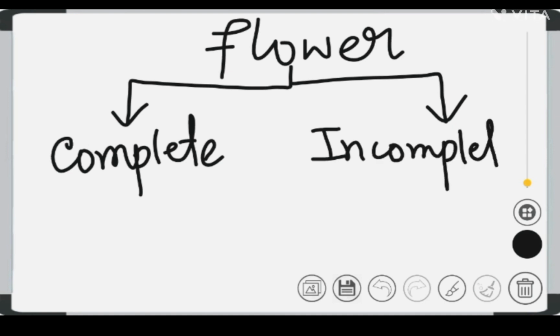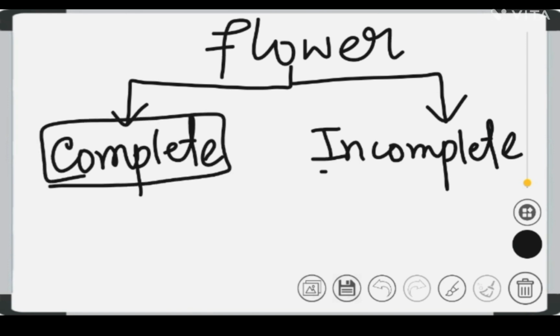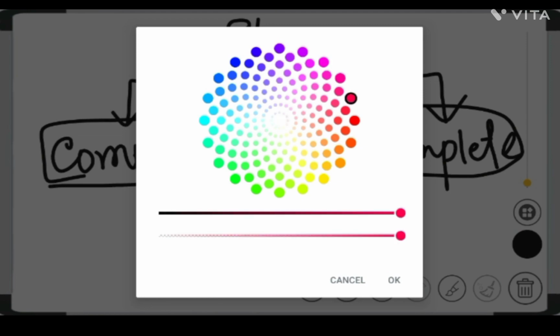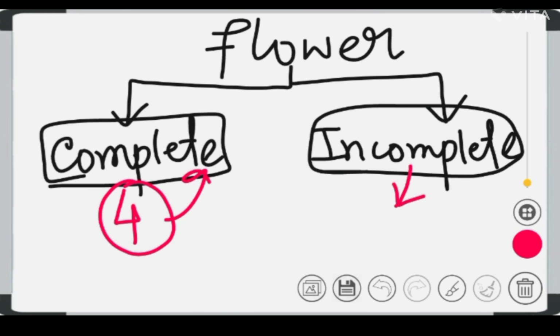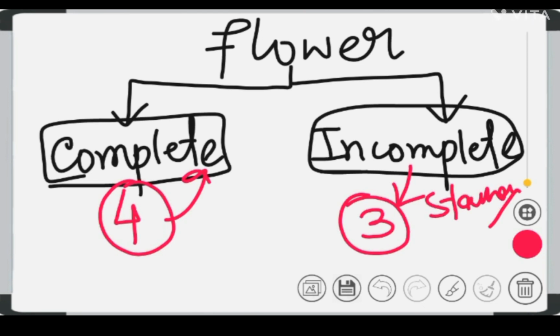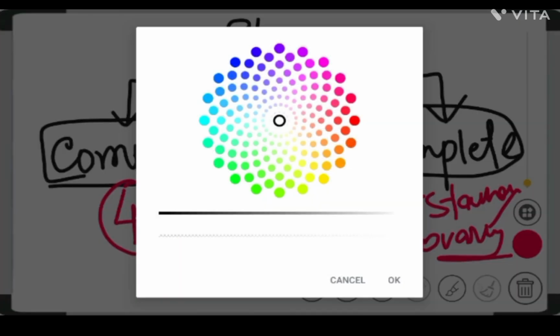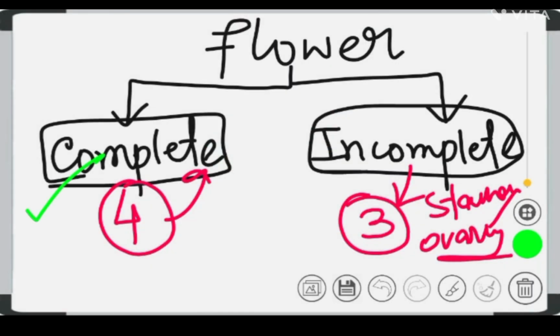Students, always remember sepal and petal are the common things, right? Complete and incomplete flower are based on the reproductive structure. Four parts are there in the complete flower, but in the incomplete flower three parts are there, either the stamen or the ovary or the pistil. If anything is missing, we say incomplete flower. If all the things are present, it is the complete flower.